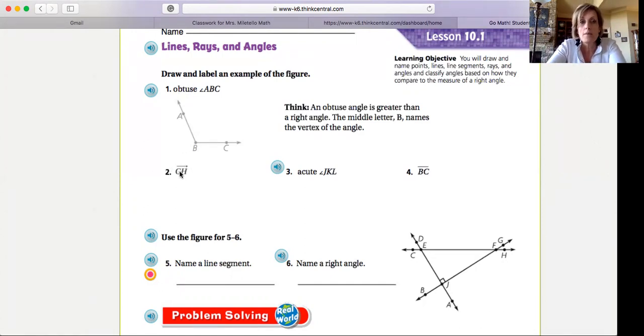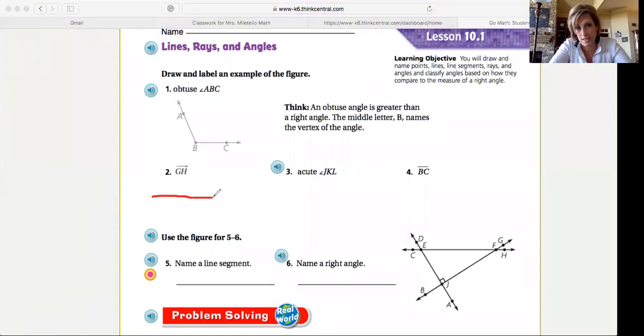Okay, here they're asking you to draw a ray. See that little symbol up above? That's a ray, ray GH. So you draw it in this white space down below, and it would be a line. It should be straight. Of course, mine's not straight because I'm writing it on the computer, and it's very tricky to keep it straight. And an arrow on one side, and then one end has the point G, and the other end has the point H. Okay?